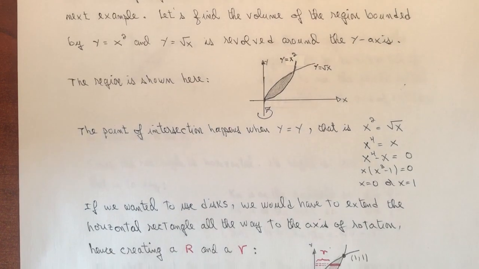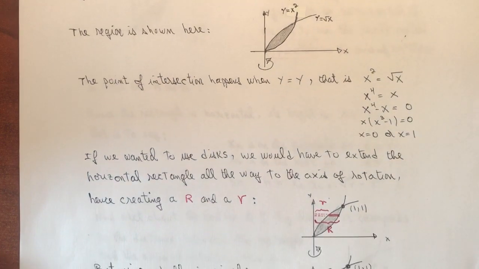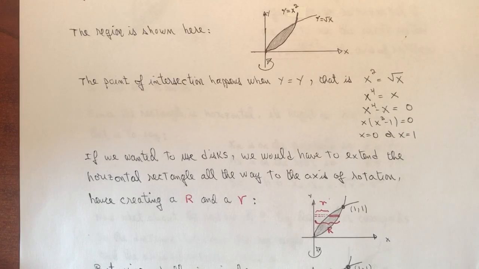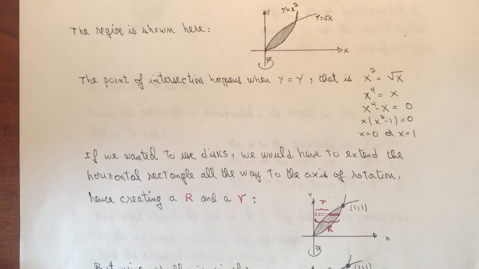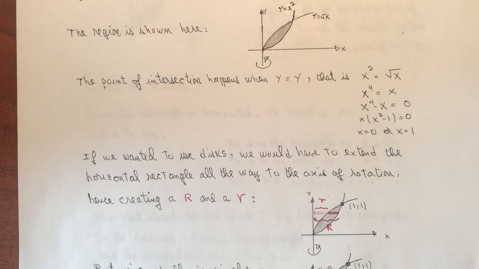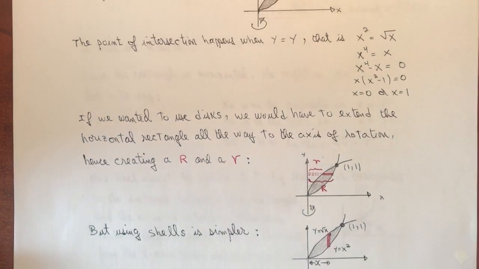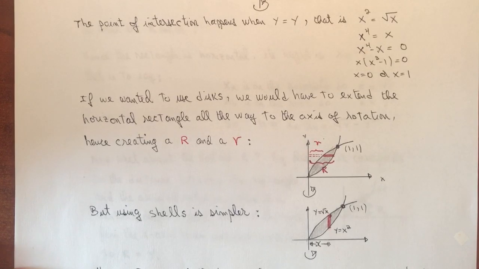If we wanted to use disks on this, we would have to extend the horizontal rectangle all the way to the axis of rotation, hence creating big R and little r. But here, using shells is actually simpler.